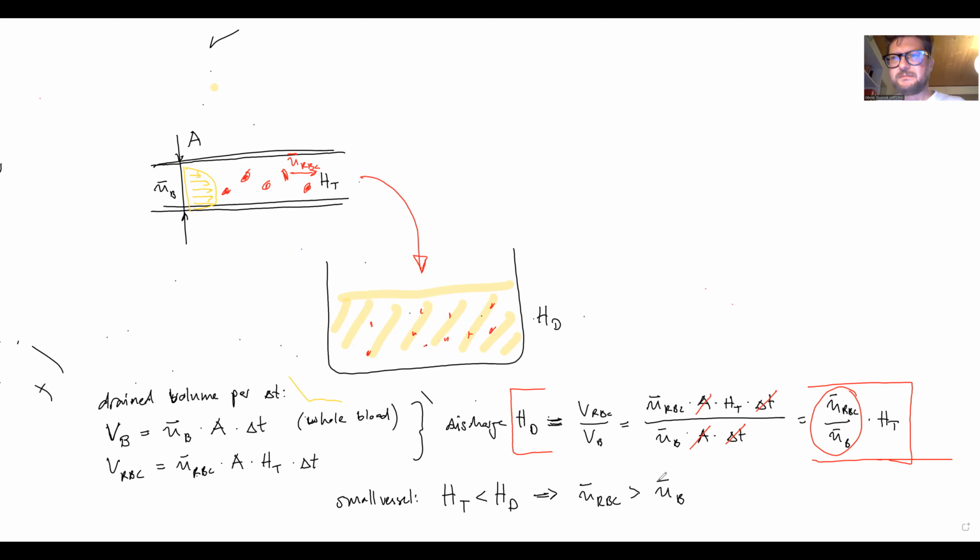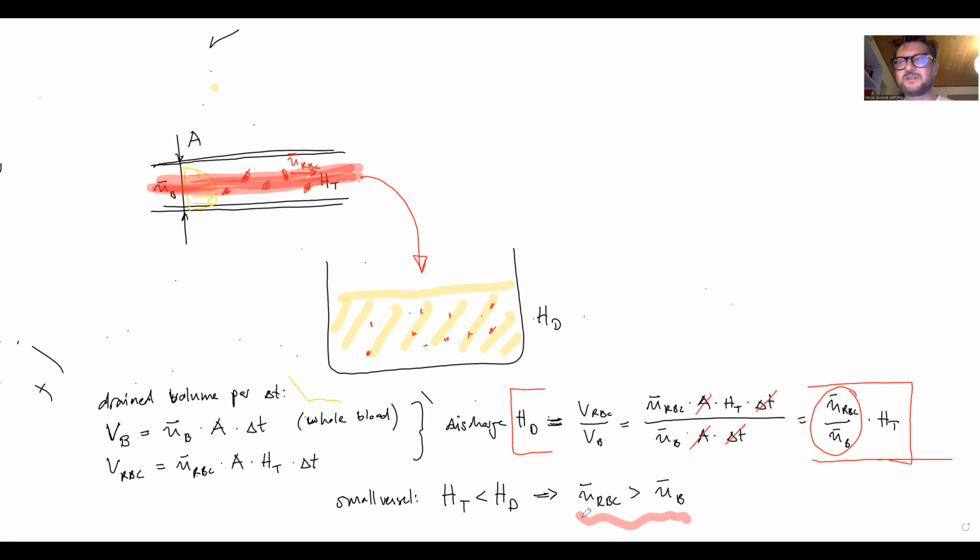So that means, if we translate that back to the blood vessel, if the red blood cells are predominantly in the center of the vessel, where the flow is faster, the average red blood cell velocity will be higher than the average blood velocity, and we get exactly this effect here, and finally the Fåhræus effect.